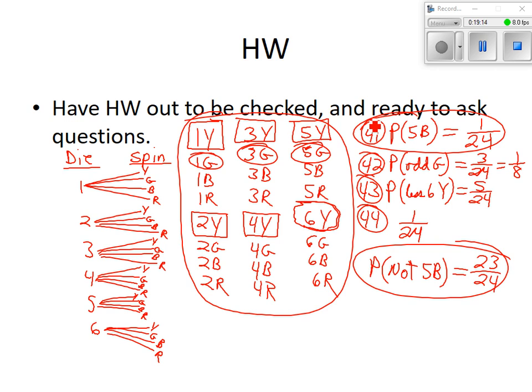So if you remember that, if they say, okay, what's the probability of not getting 5B? Probably don't want to go through here and circle all the ones that are not 5B. That's too many of them. So if you say, okay, if I don't want to get 5B, get rid of 5B, what's my probability of getting any of these others? So you're just doing the complement.